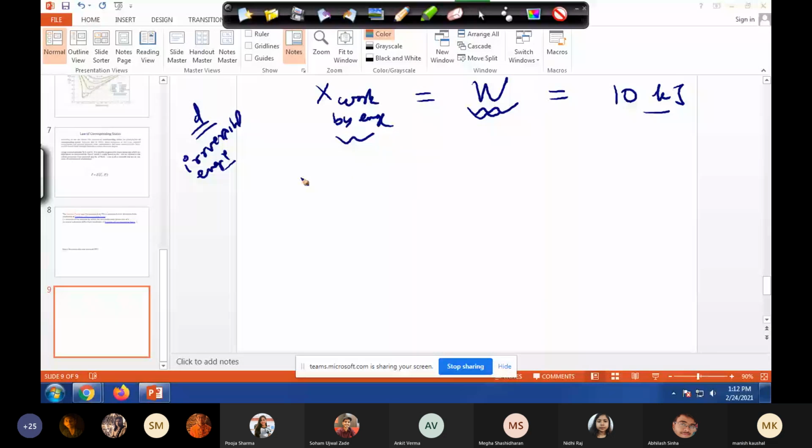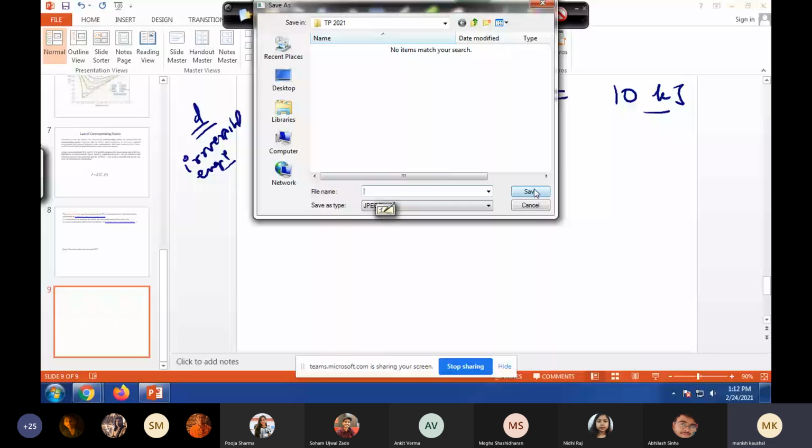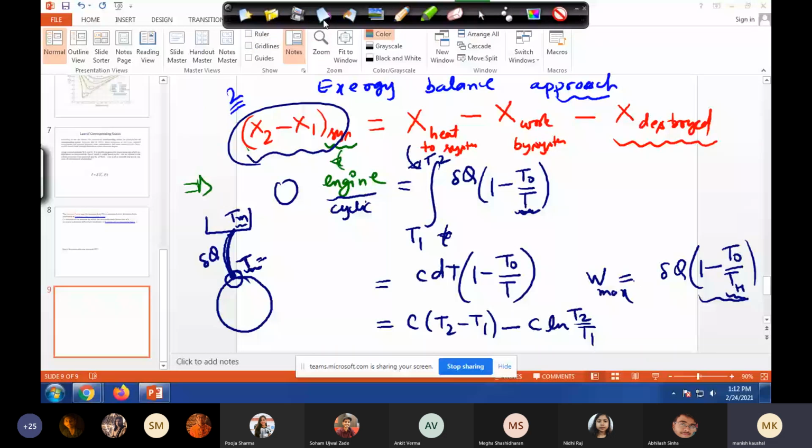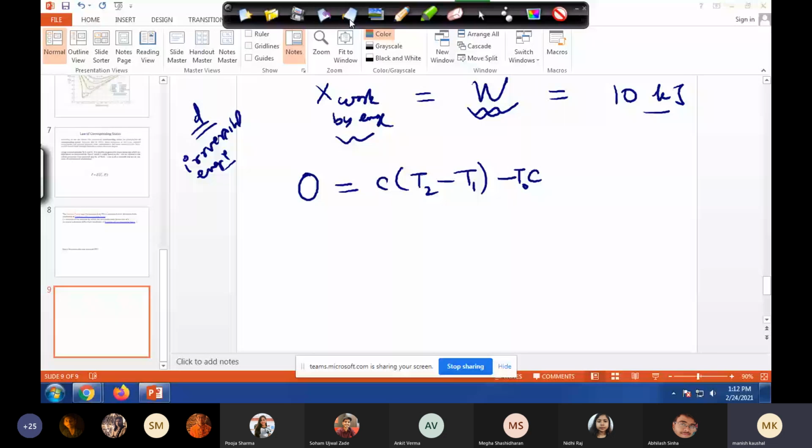So if we do the balance, you remember X2 minus X1 of the system is 0. That is equal to exergy given by heat, which is coming out to be C(T2 minus T1) minus, or there is T naught also, T naught is missing here, T naught C ln(T2 by T1), minus X destroyed.